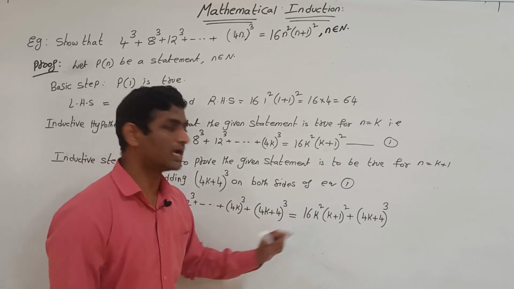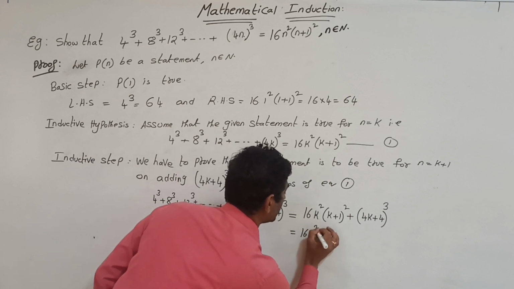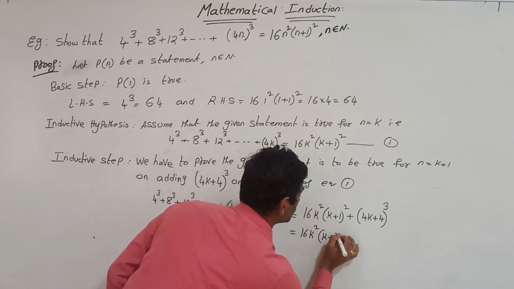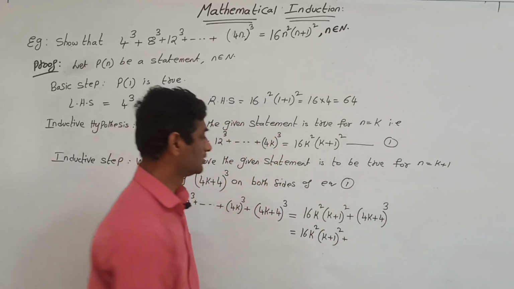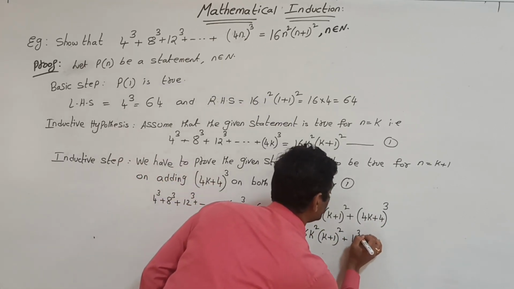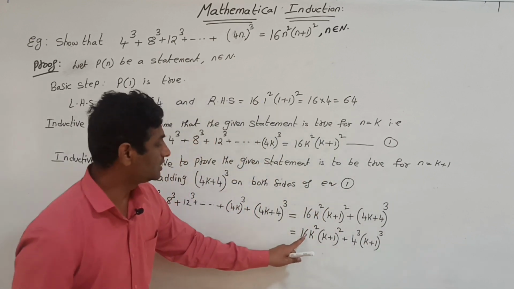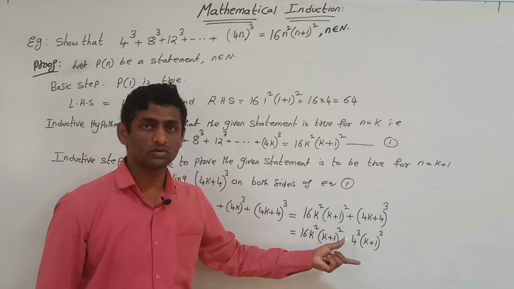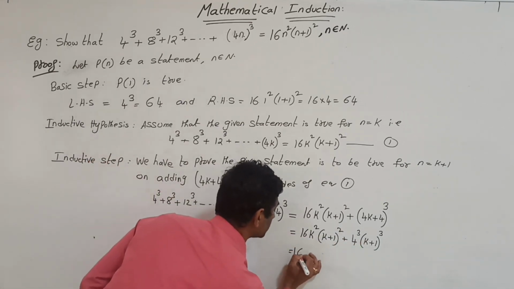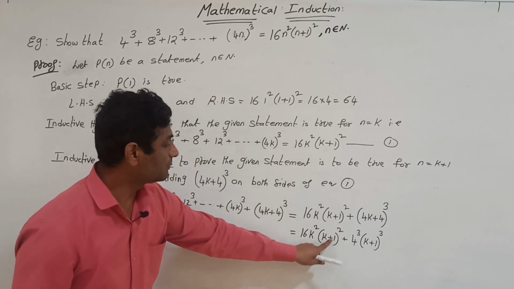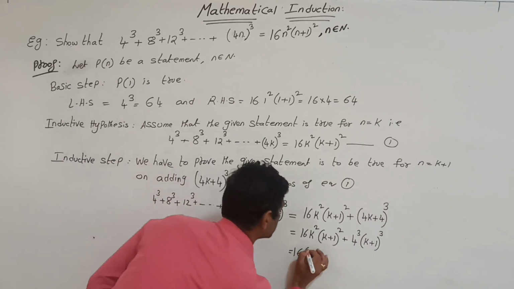Now if you simplify the RHS, what will you get? 16 k square into k plus 1 whole square plus, in 4k plus 4, 4 is common, so we can take 4 cube out and it will be k plus 1 whole cube. 16 here, 4 cube means 64. Among these two, again 16 is common, and here k plus 1 whole square and k plus 1 whole cube. We can take k plus 1 whole square out.